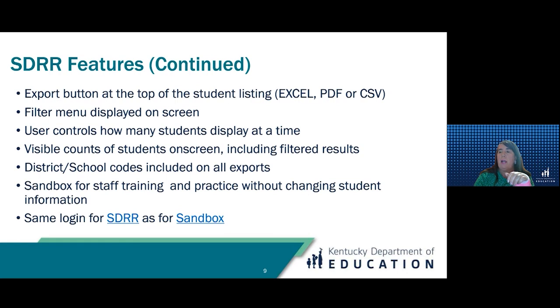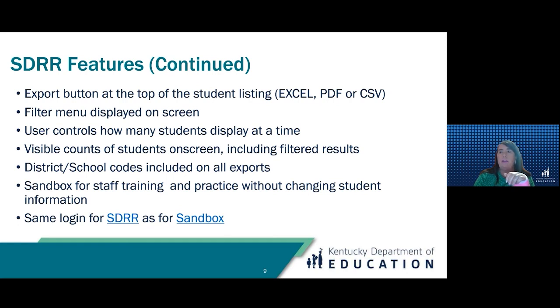But remember that you don't want to make any changes on that particular file. You always want to go back to the actual student listing in SDRR and make those changes if you export it. And before SDRR closes, you always want to make sure you export that, so you have a copy of it, which helps you when it comes to data review in the fall.